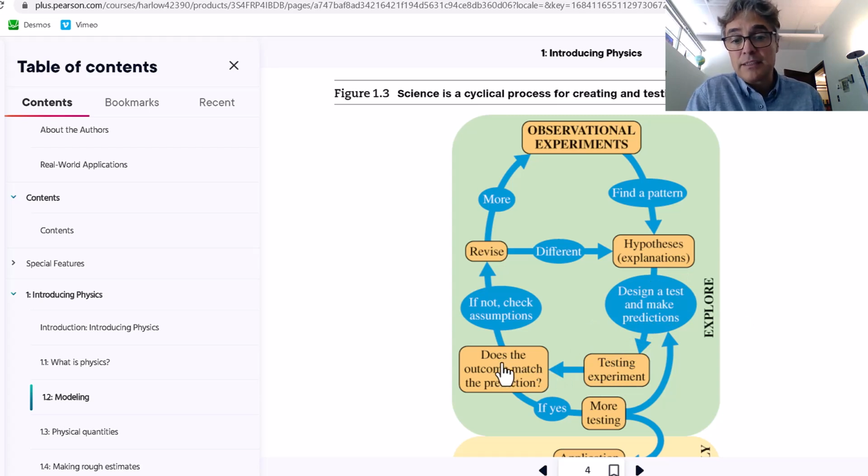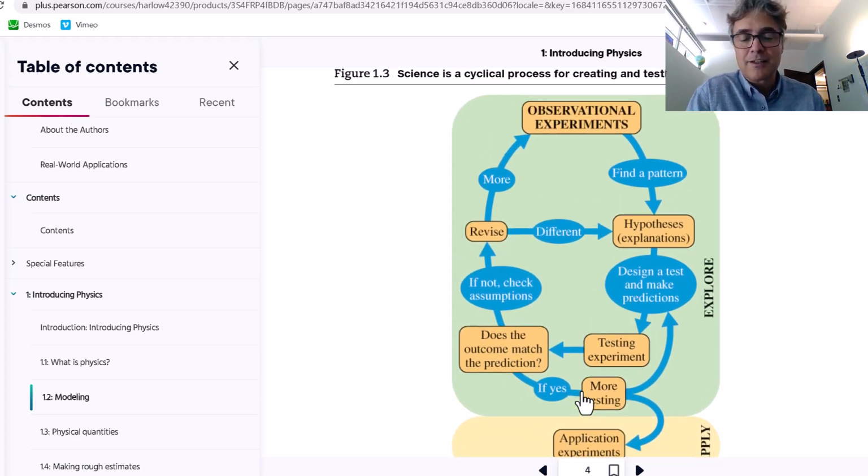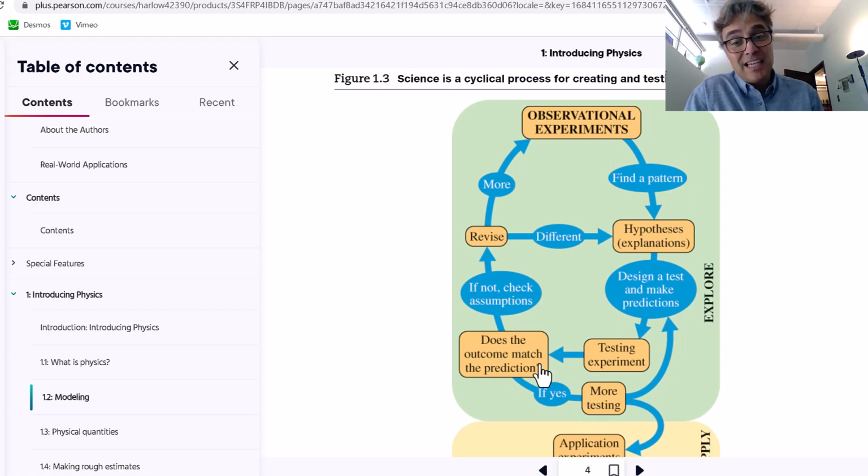Does the outcome match the prediction? If yes, then you can do more testing and maybe try to come up with cool applications. If the outcome does not match the prediction, then it means something's wrong. You could revise your hypothesis, or do more observations, but basically something's wrong, either your hypothesis or your assumptions.